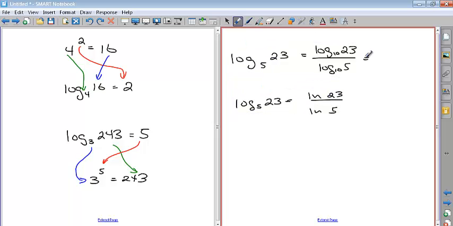So I'm going to do it. So log base 10 of 23 divided by log base 10 of 5, and I get 1.948. And the natural log of 23 divided by the natural log of 5 is 1.948.